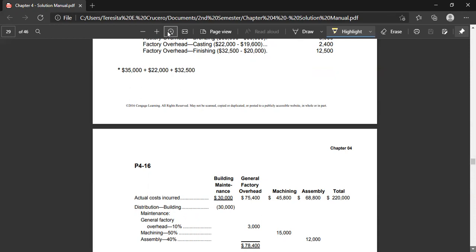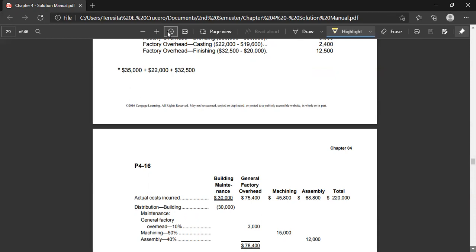Okay, so we now have the distribution of the 30,000, the cost of the building maintenance. And how do we allocate building maintenance?